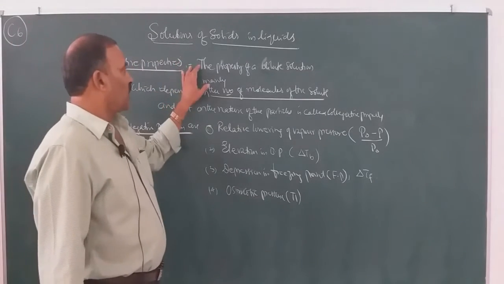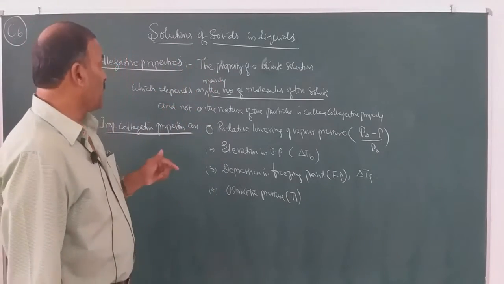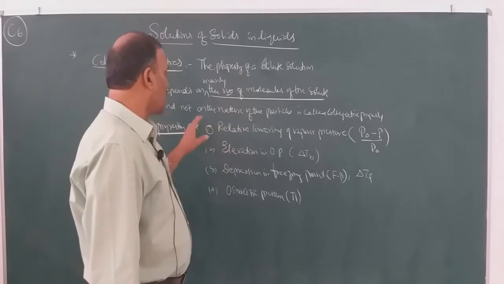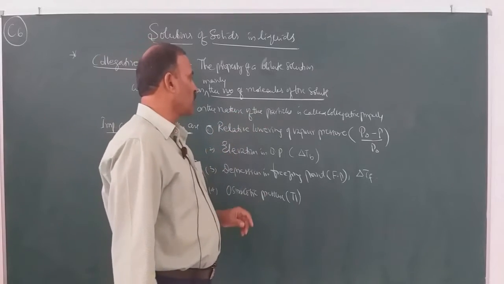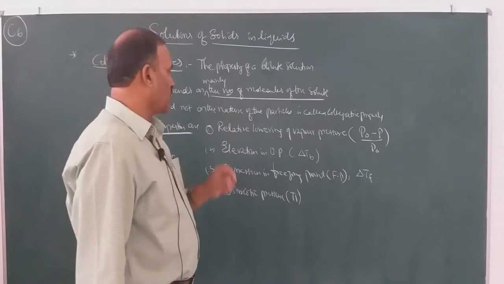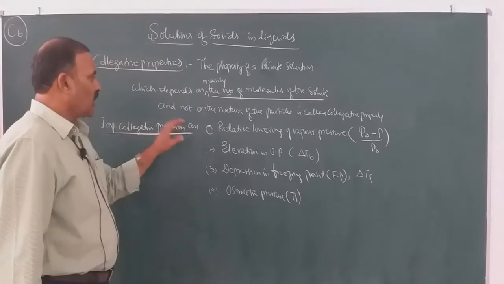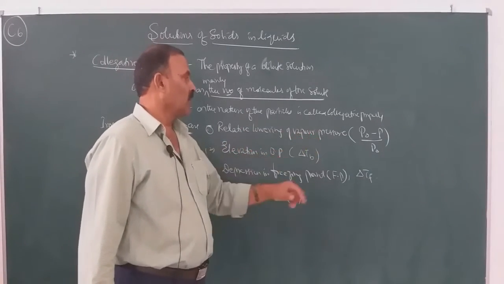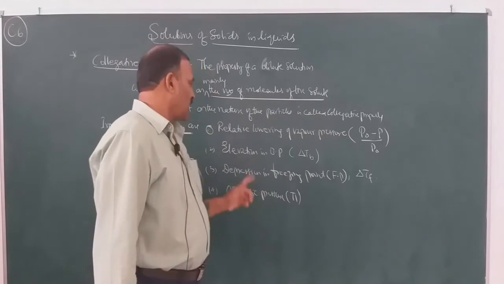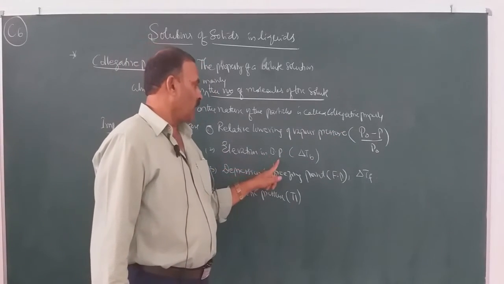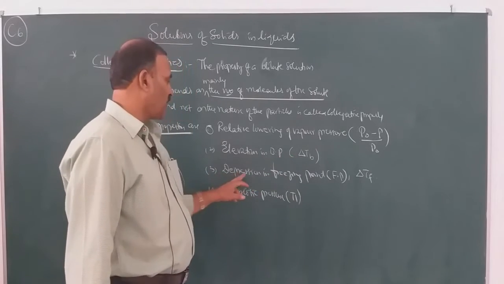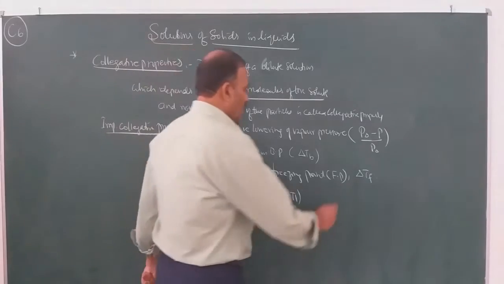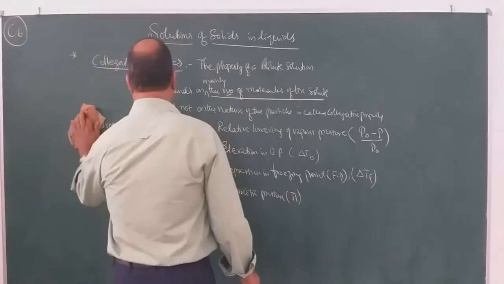The property of a dilute solution which mainly depends on the number of solute particles and not on the nature of the solute particles is called colligative property. The important colligative properties are relative lowering of vapor pressure, P naught minus P by P naught, elevation in boiling point, delta TB, depression in freezing point, delta TF, and osmotic pressure.